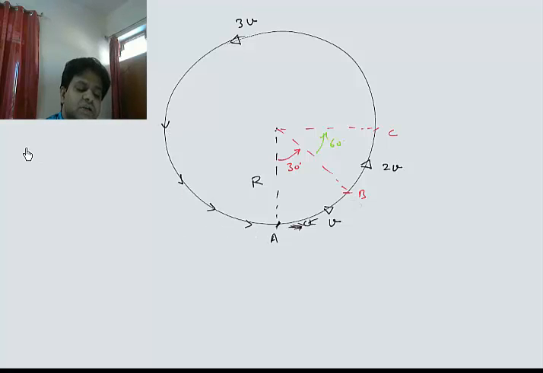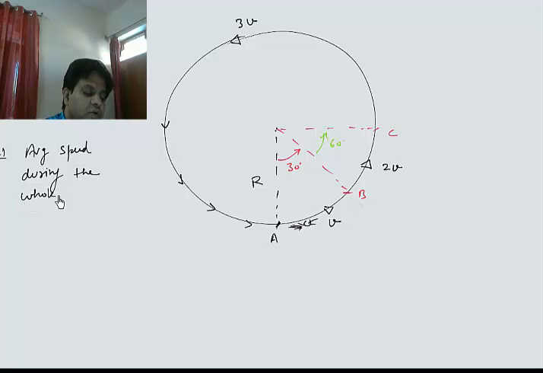What we have to do is calculate the average speed of the insect during the whole journey. This is the question.